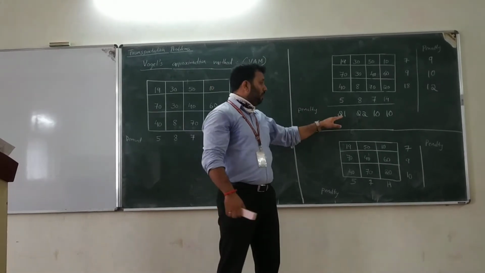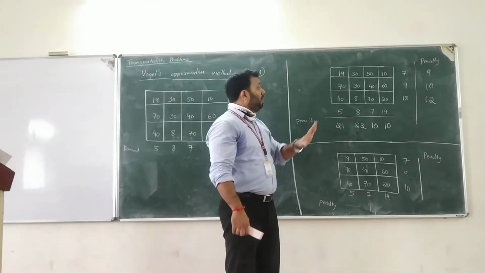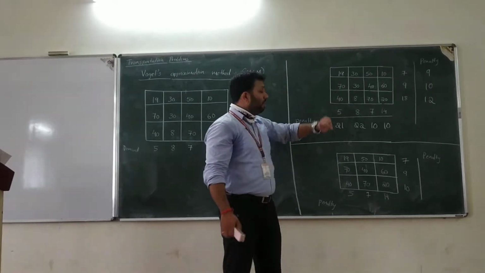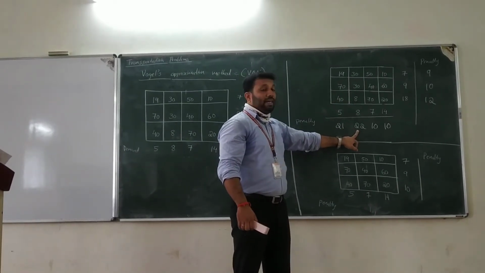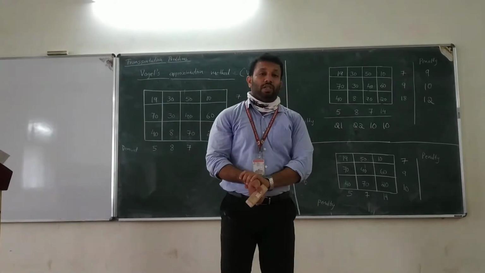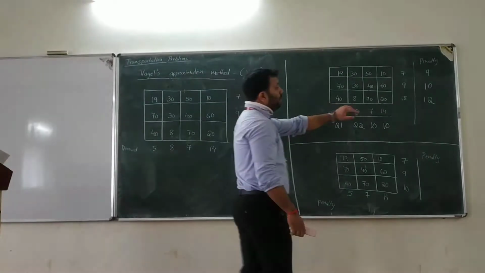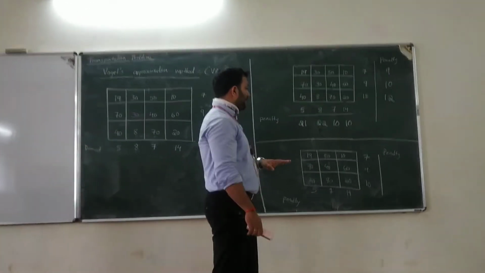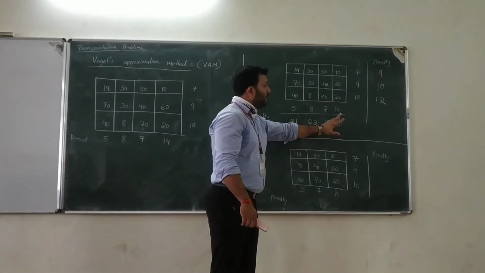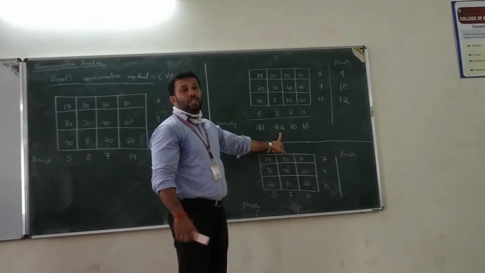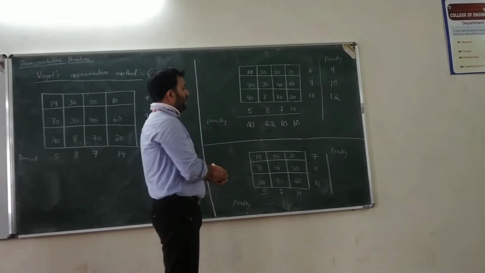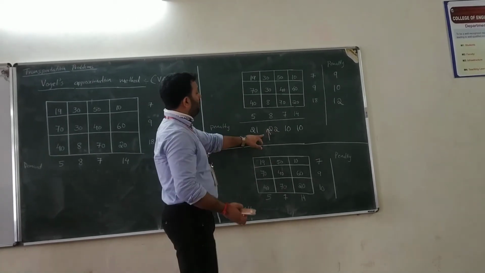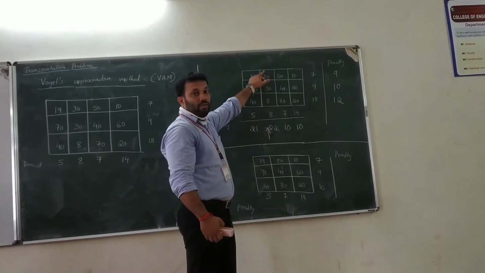See, we have to select the highest of all the penalties. So here 21, 22, 10, 10. Here 22 is the highest penalty position. That is why this column I am going to select for the allocation.